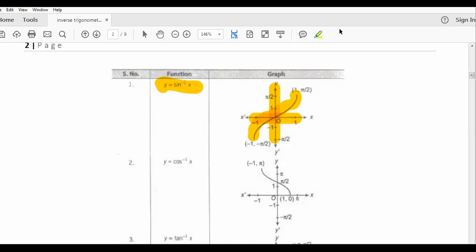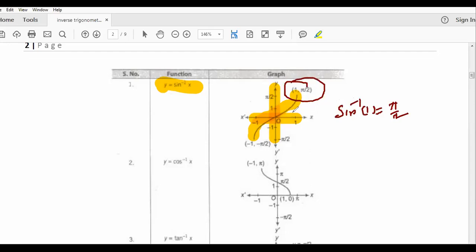Sin inverse 1 is π/2. So at x equal to 1 the point becomes π/2, so this is our point.